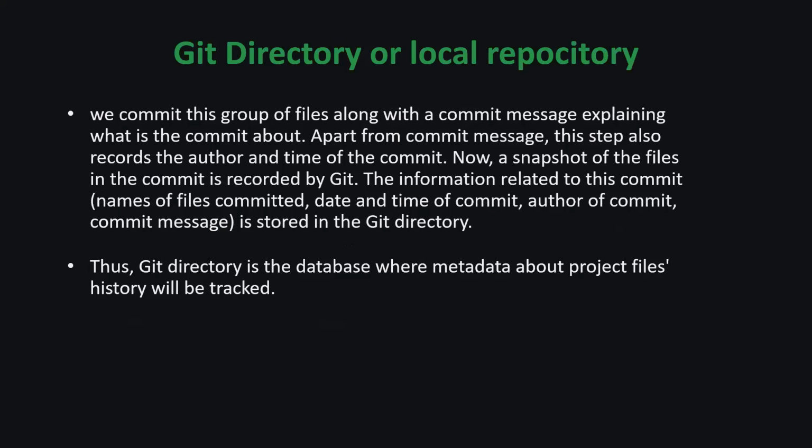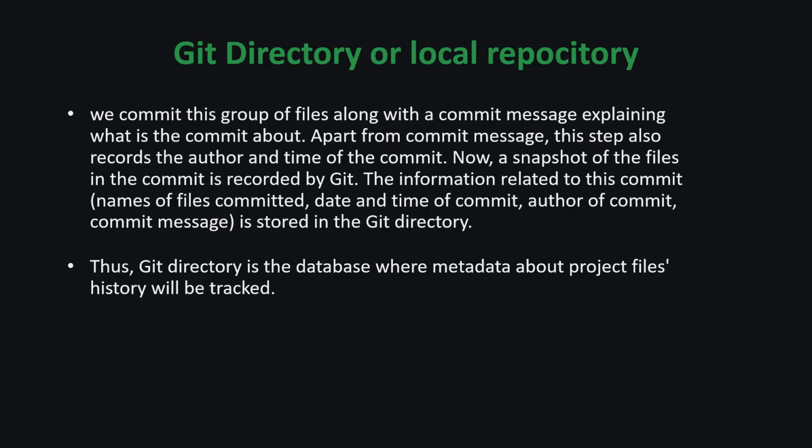Git directory or local repository means we commit this group of files along with a commit message explaining what the commit is about. Apart from the commit message, this step also records the author and the time of commit.